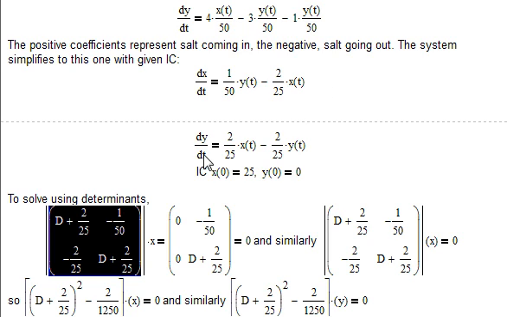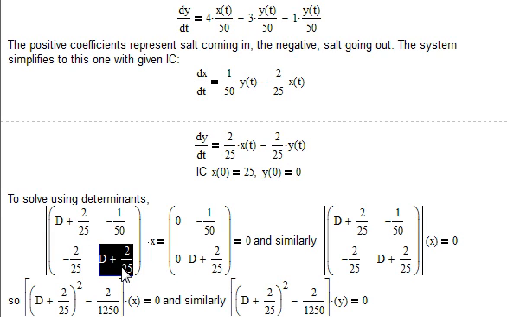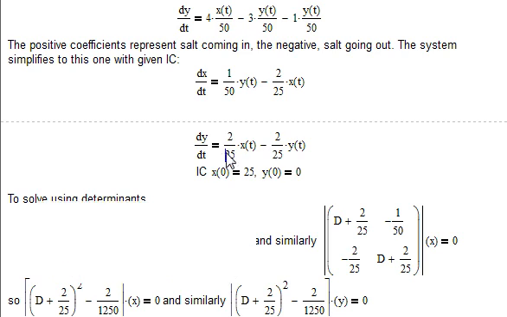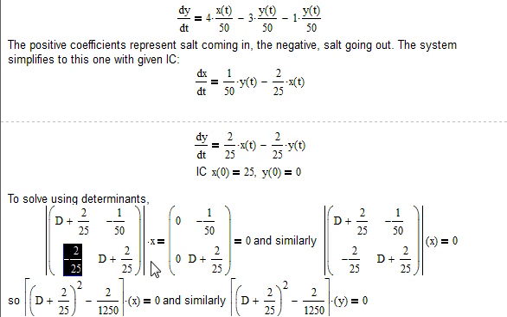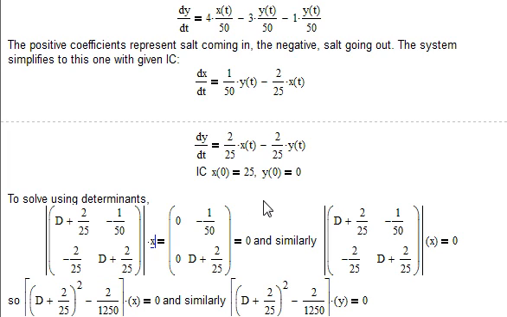The second one says dy/dt plus 2/25 y, so that's D plus 2/25 applied to y, and for the x part it would be just this negative 2/25. So there's the coefficient matrix applied to x. And since we're finding x, we would replace the x column with the zeros that are on the right side of this system of equations.